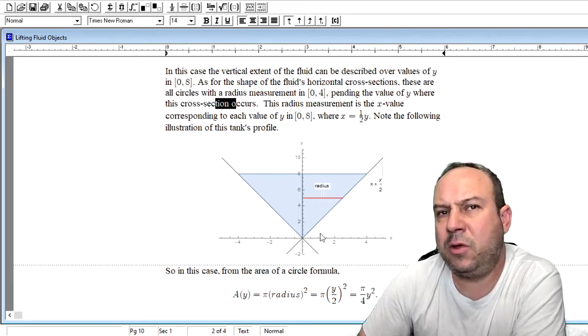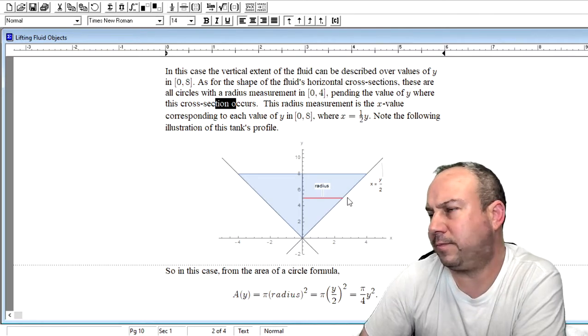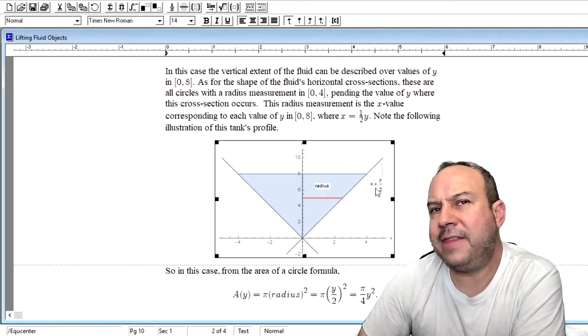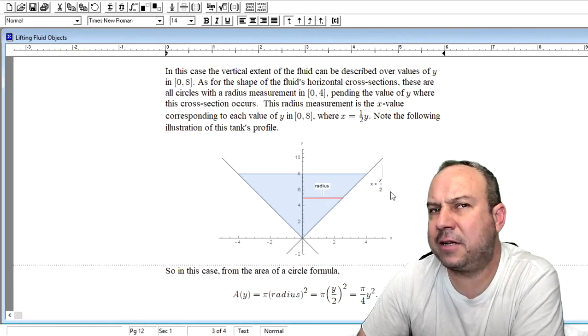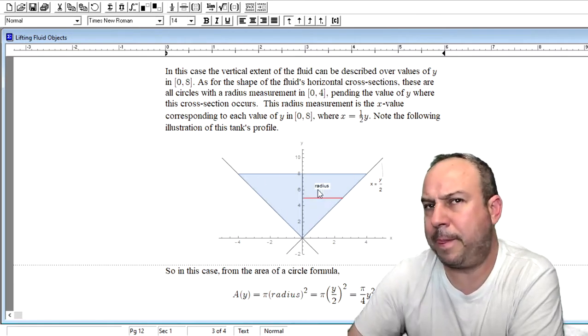The distance from the y-axis out to its edge, where this distance is really just an x value. And that x value can be used by noting the relationship for the edge of this conical tank in this orientation.